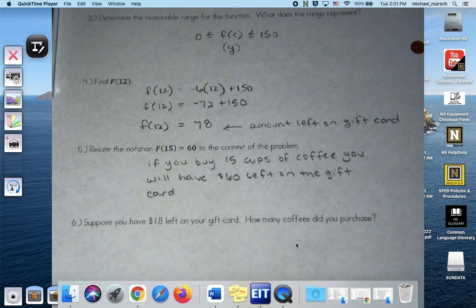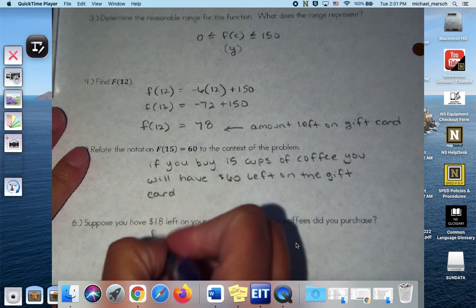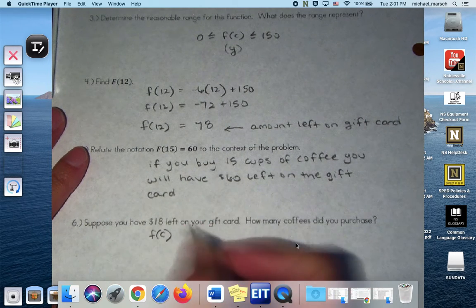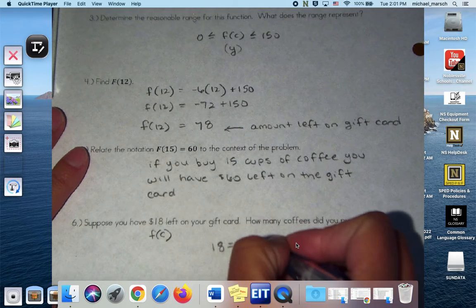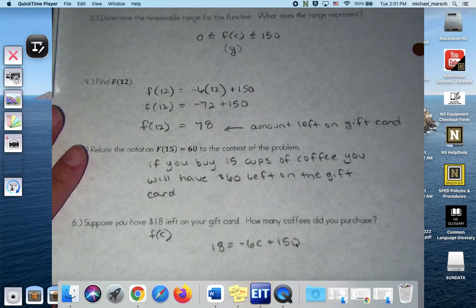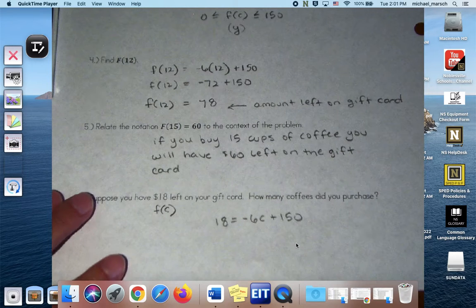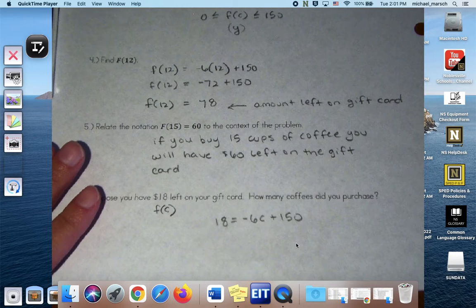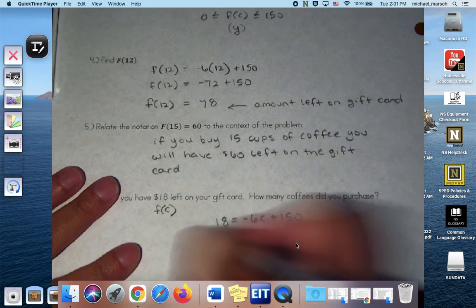Suppose you have $18 left on your gift card. How many coffees did you purchase? So we're going to do the same thing. This is actually our f of c. So we're going to have 18 equals negative 6c plus 150. So we would subtract 150 from both sides.